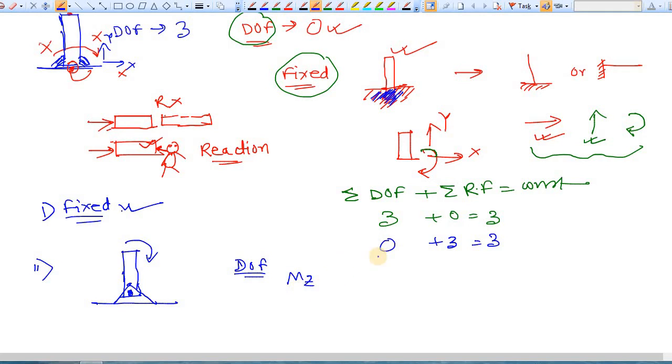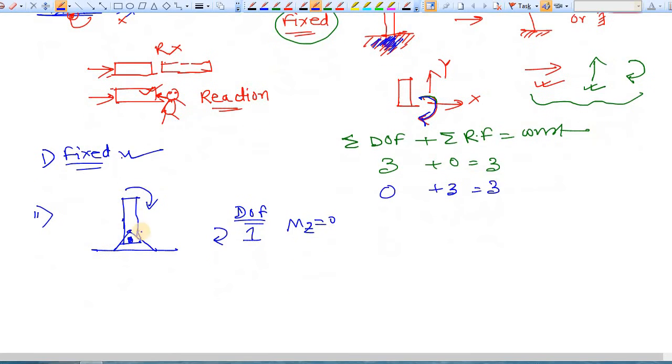So simply the reactive moment Mz is 0 because no one is resisting you to rotate. So there is a degree of freedom about the z axis. The degree of freedom is 1 about the z axis, that is, rotation is allowed, that's why the reactive moment is 0.